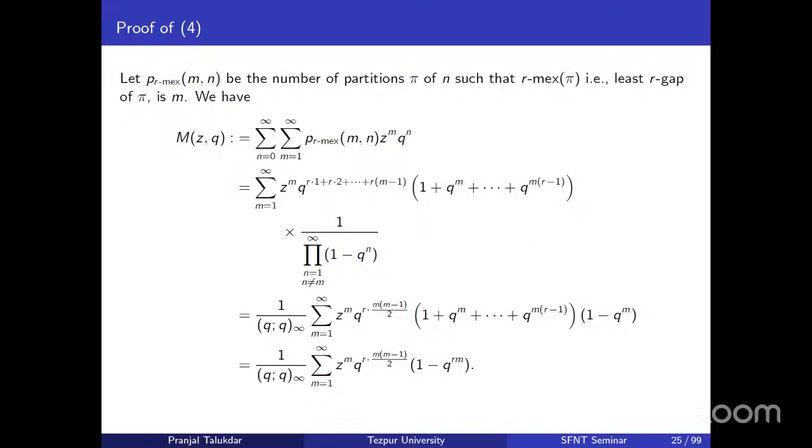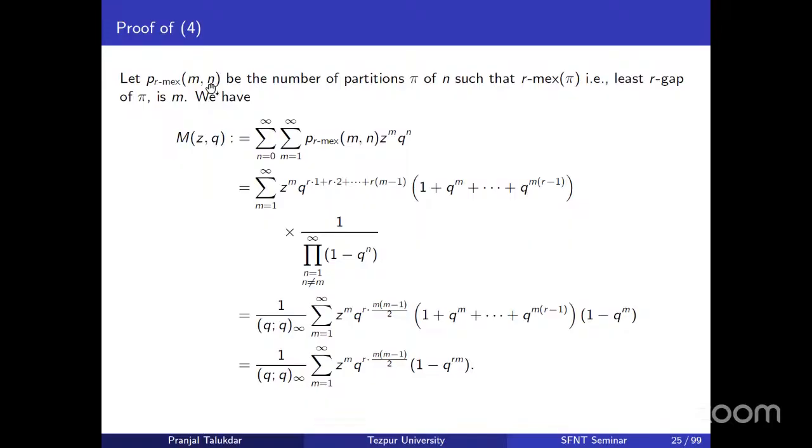But we want the summation of all least r-gaps. If there is this number of partitions with least r-gap m, what is the expected sum of all the least r-gaps? Because this many partitions have this least r-gap m, the summation of all least r-gaps will be m times P_rmax(m, n).